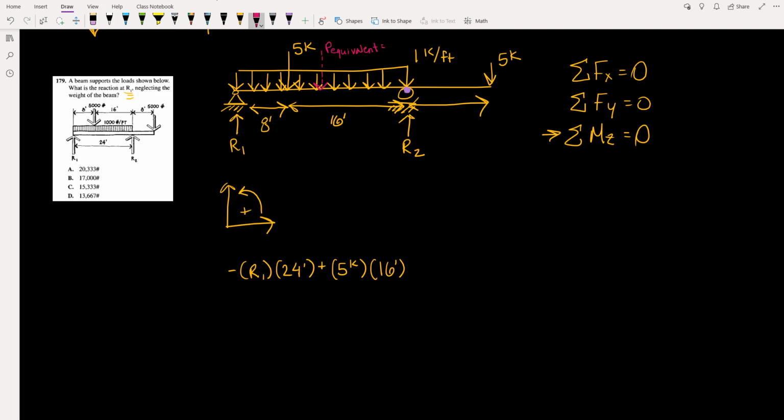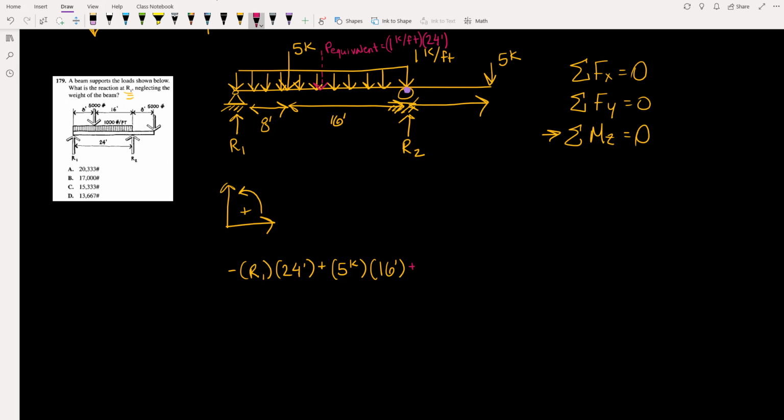So the equivalent point load for a distributed load like this, uniformly distributed, is going to be equal to the distributed load times the length. And it's going to be centered in the middle of the distributed load.